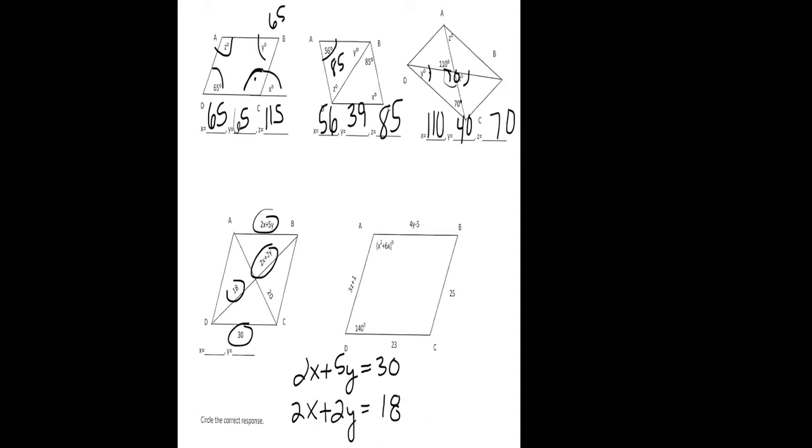What you want to do then is get something to cancel out. I'll cancel my x's, so I'll multiply the bottom by a -1. So x's go away. Gives me 3y equal to 12. So y then has to be 4.